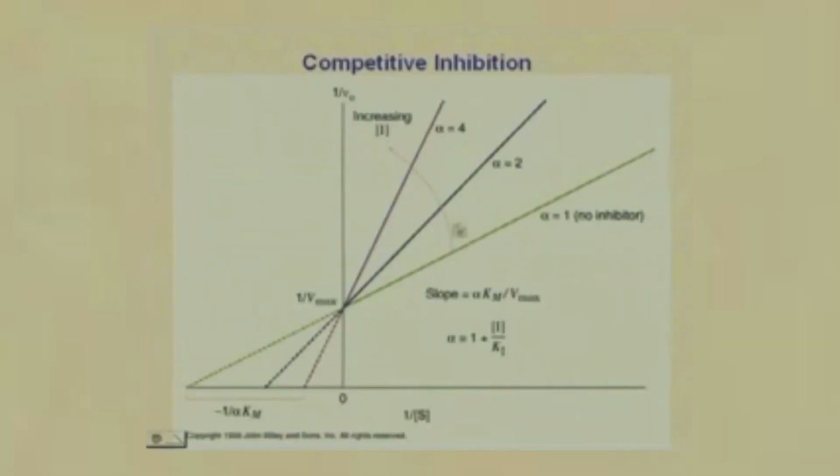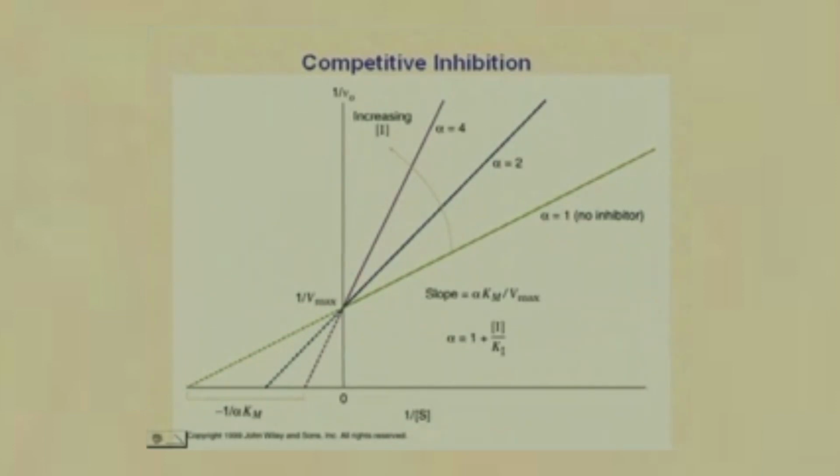So I have no inhibitor here. This is my original minus 1 by Km. We increase the slope with inhibitor, right? Now, if I add more of the inhibitor, the slope is going to increase even further because my Km is going to increase even more, right?